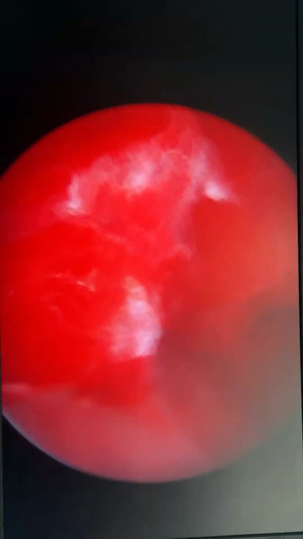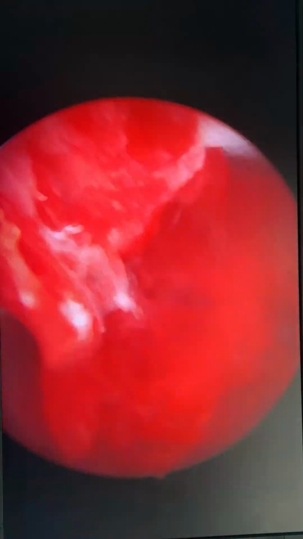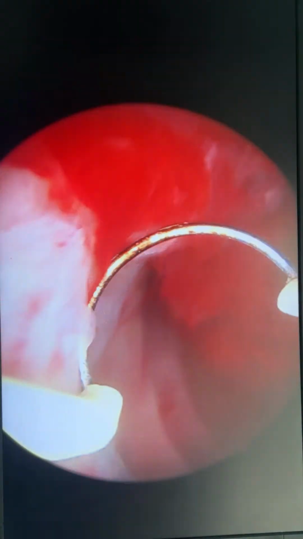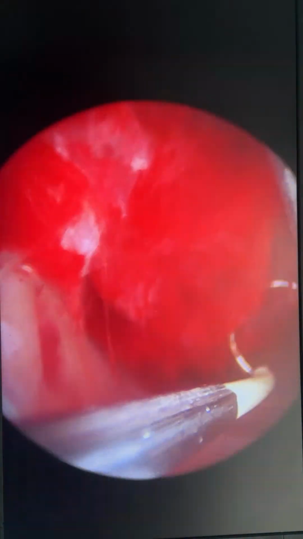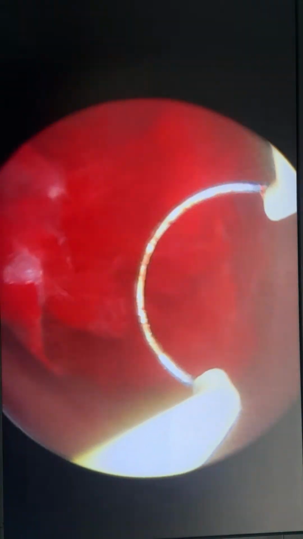With a lesser pressure. Pressure थोड़ा बढ़ाओ so that this clot comes out.